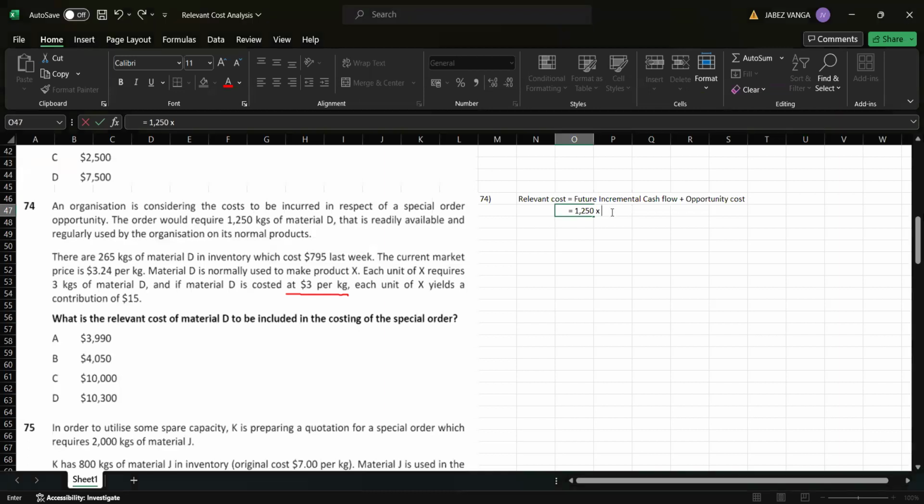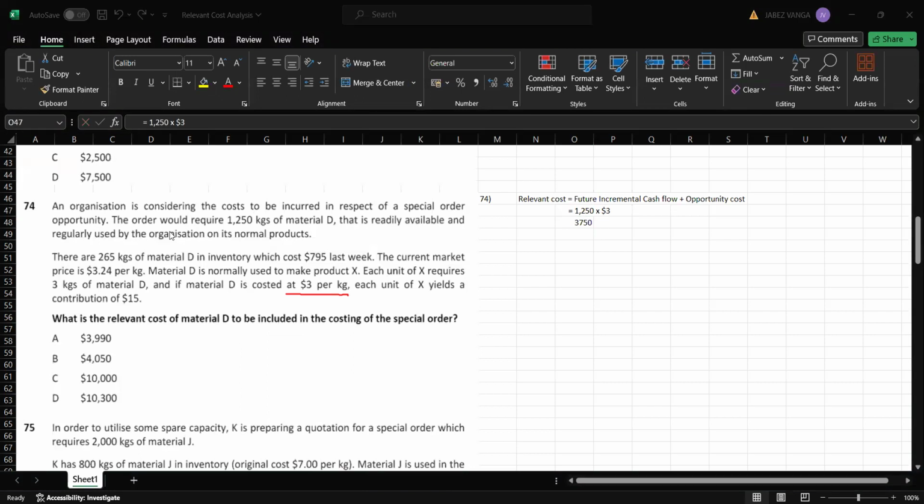So here it is $3. But the current material cost is 3.24, not 3. The current market price is 3.24.